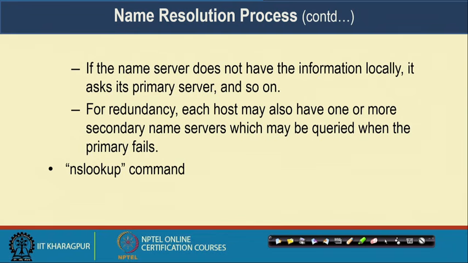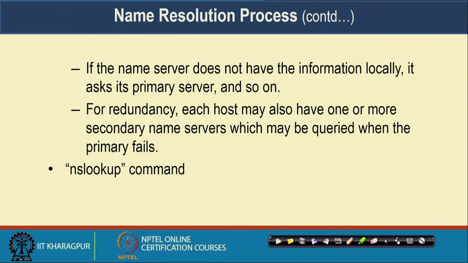If the name server does not have the information locally, it asks the primary server and so on. For redundancy, each host may also have one or more secondary name servers which may be queried when the primary fails. So, that command is nslookup.